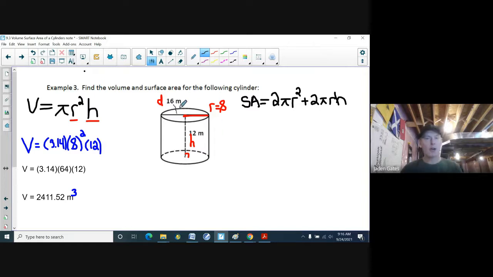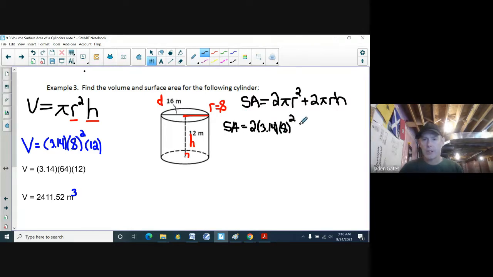And I've already got my diagram labeled. Again, that's why I do it. It keeps things sorted out for me. So for my surface area, all I have to do is look. I get 2 pi again, 3.14. My R, we've got a lot of numbers on this diagram, but my R is 8. So I've got an 8 squared. We already figured that one out, 8 times 8.